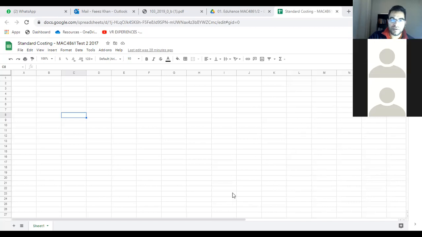No questions. So now we're going to deal with the actual variances. In most cases, they're going to say, dear student, please reconcile the difference between budgeted profit and actual profit in as much detail as possible.